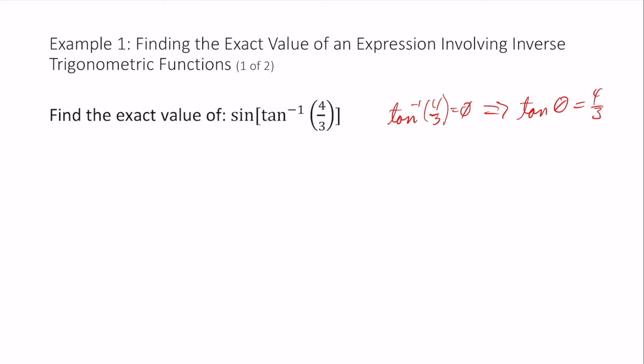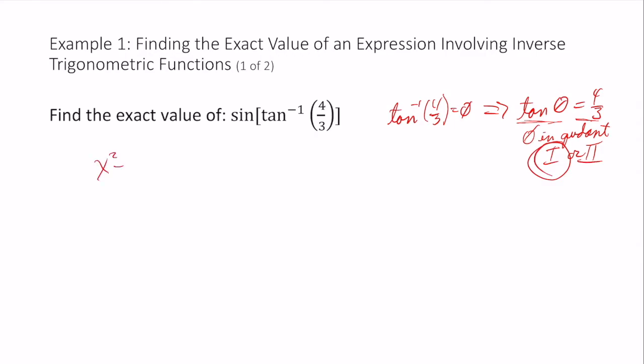Now with tangent, because it takes on values between 0 and pi, we're only in quadrants 1 or 2. Theta must be in quadrant 1 or 2. These quadrants are very important. Now our tan of theta is positive, so we're going to be in quadrant 1.